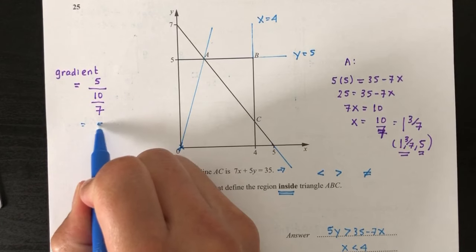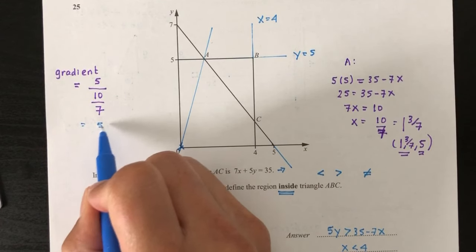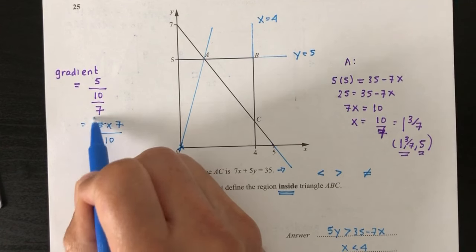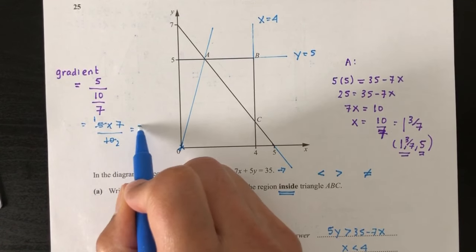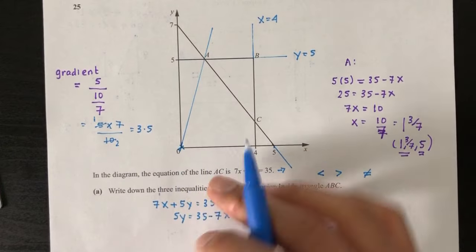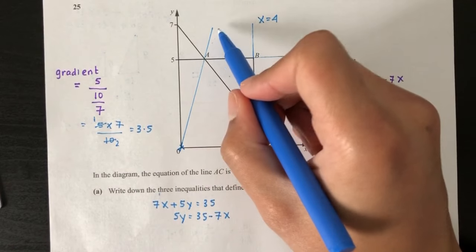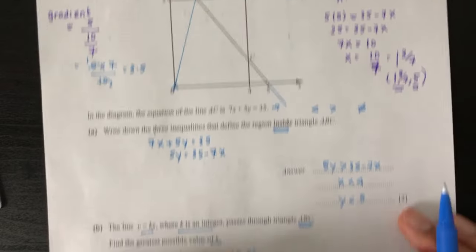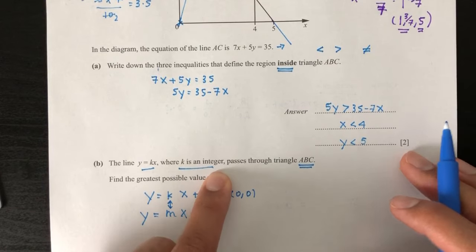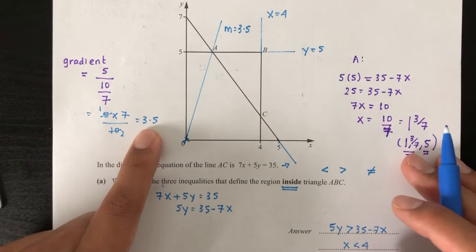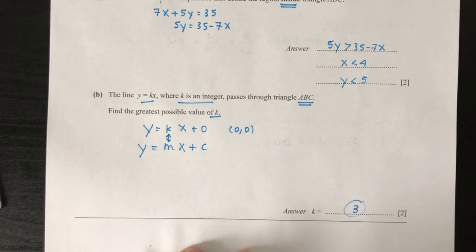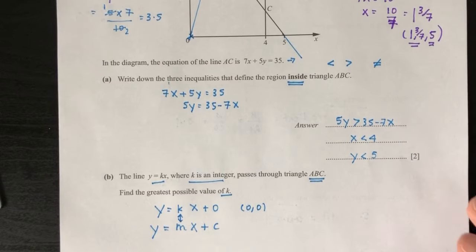That will become 5 multiplied by 7 divided by 10, which is 3.5. So the gradient of the line OA is 3.5. That is the maximum gradient. But we are trying to find k as an integer. So what is the number just before 3.5? It will be 3. So the maximum integer is 3. That is the maximum value of k you can take for that question.